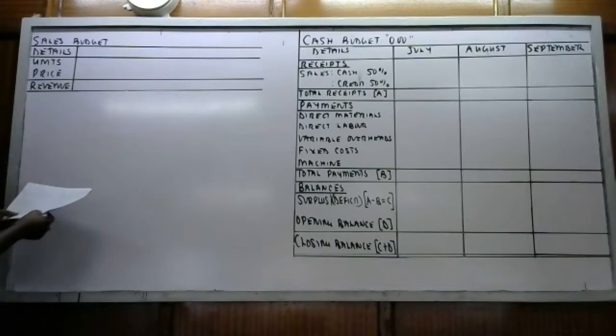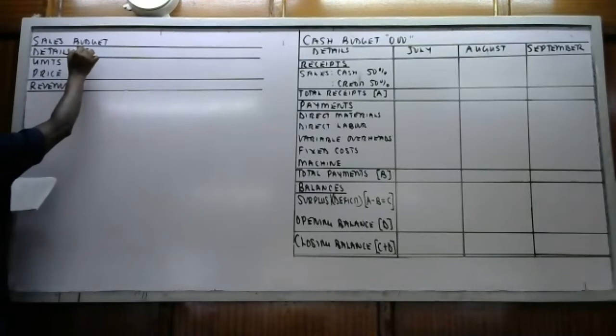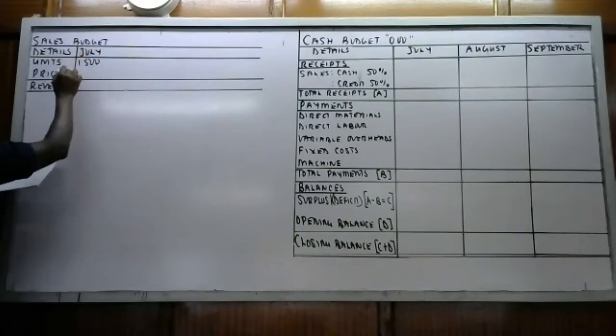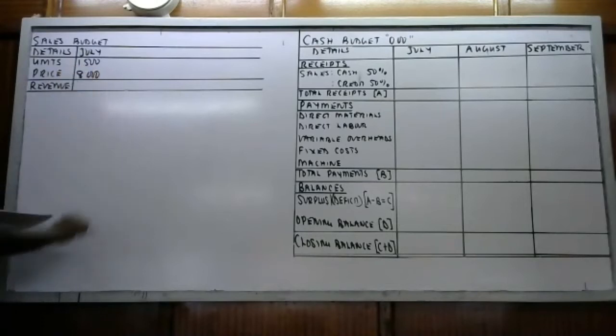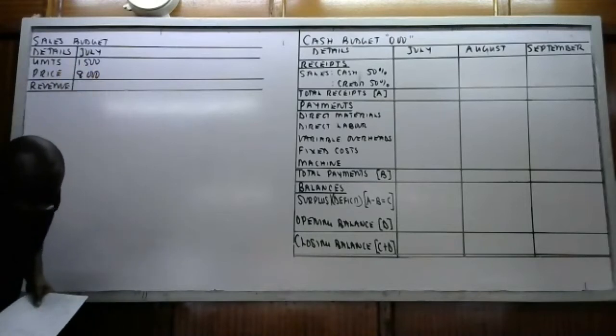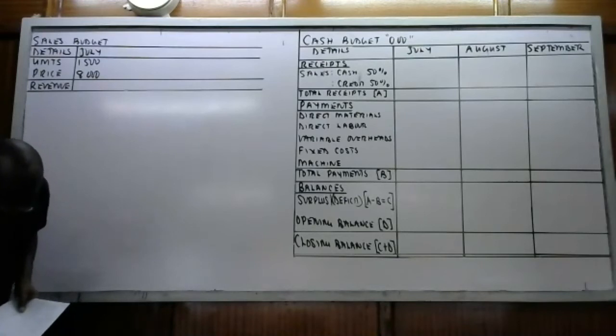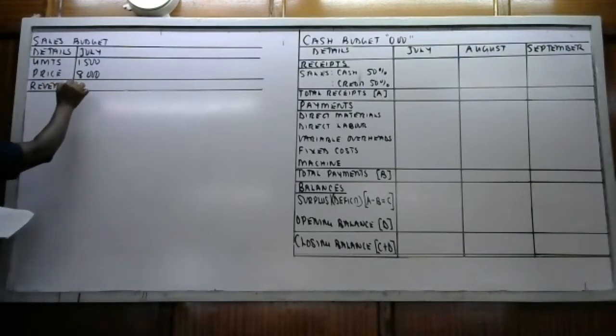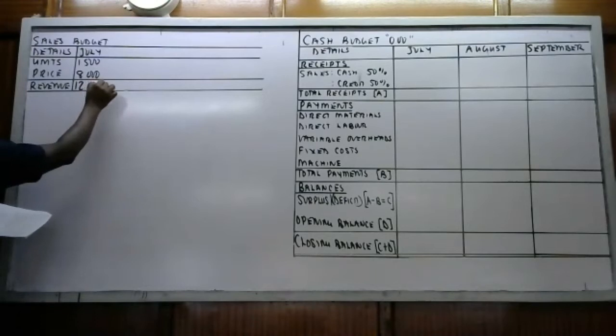As you can see, in the first month, July, units are 1,500 and the selling price is 8,000. So 8,000 times 1,500 is 12 million.